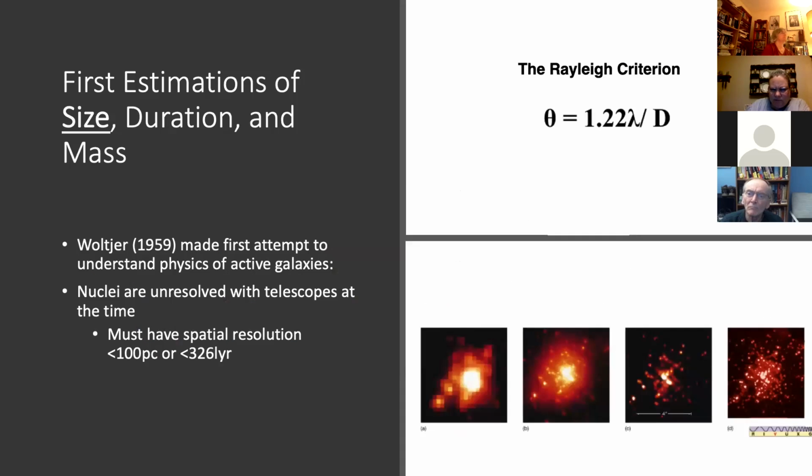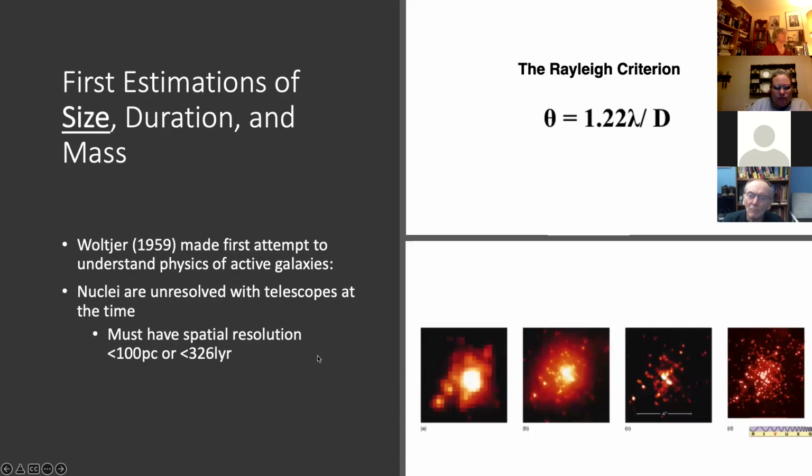The first estimation of the size of an active galactic nucleus is actually very crude. The Rayleigh criterion relates the resolution, how detailed an image looks, to the wavelength we're looking at divided by the diameter of the telescope we are observing with.